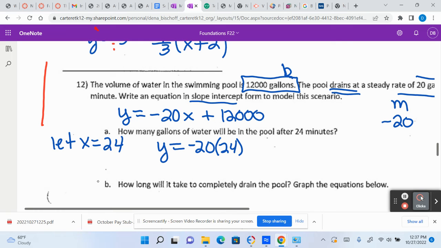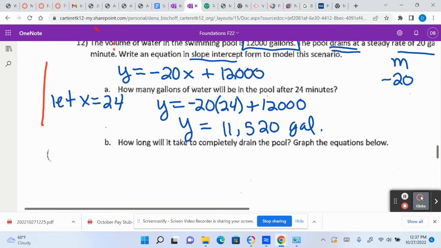Because x is the number of minutes, right? Oh, I see now. 11,500. Good.